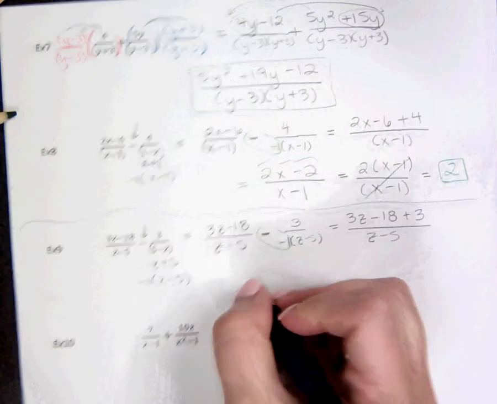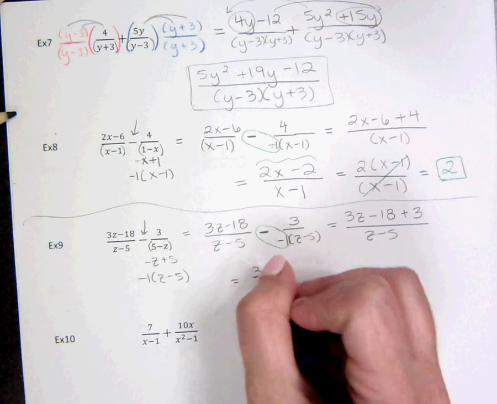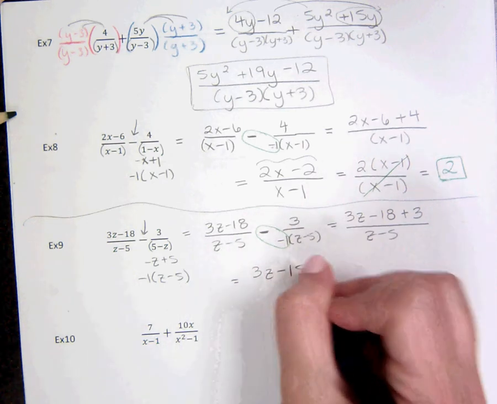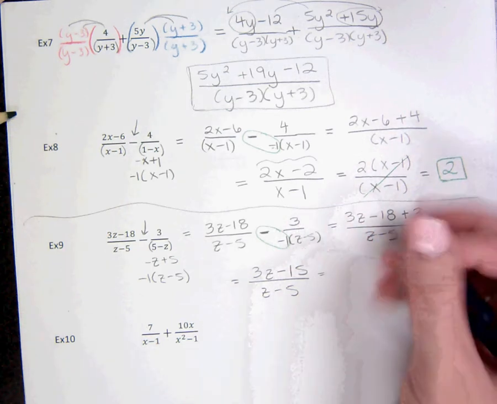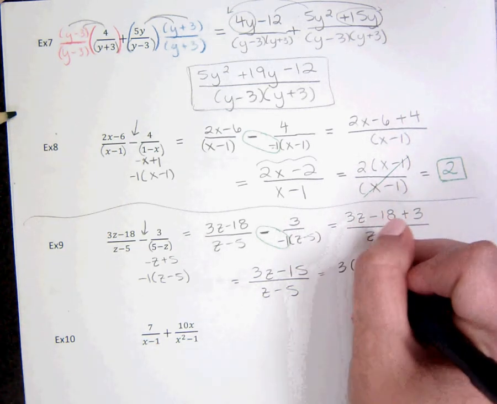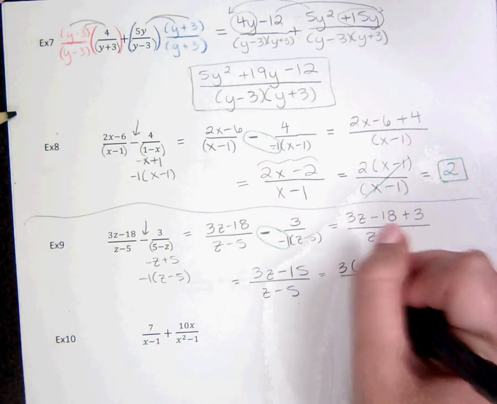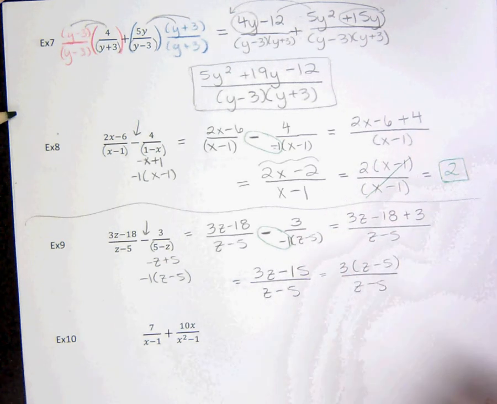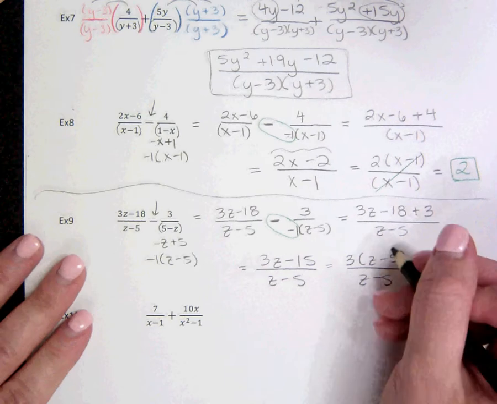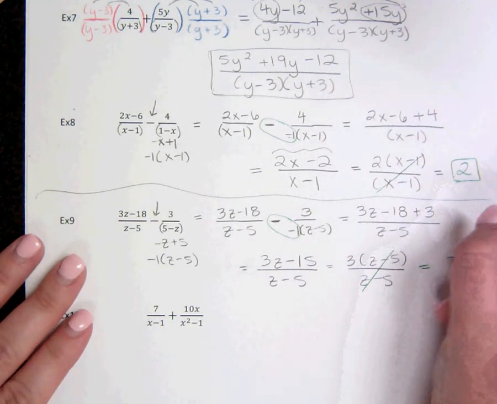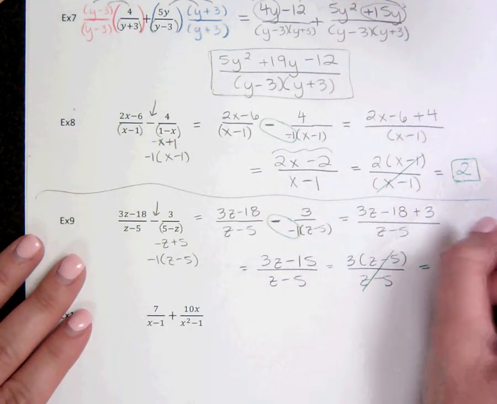That's going to give me 3z minus 15 over z minus 5. Take out the GCF on top of 3. Always scan for those. That's true anytime you have polynomials. Those will divide off for a final answer of 3.